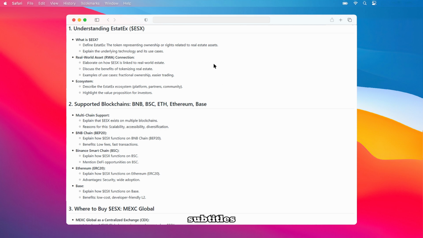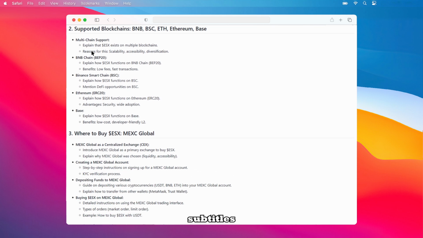Similarly, on Binance Smart Chain, $ESX unlocks various DeFi opportunities. On Ethereum, as an ERC20 token, $ESX leverages the network's robust security and wide adoption. Finally, on Base, $ESX enjoys the benefits of a low-cost, developer-friendly Layer 2 solution.